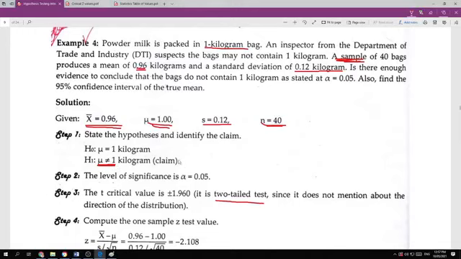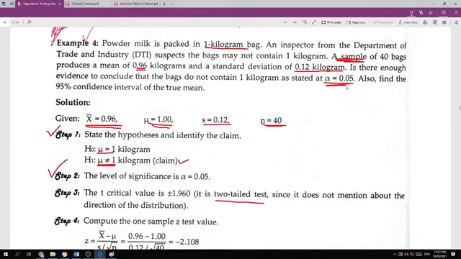This is the claim. So, the opposite of this is the null hypothesis. So, meaning, the population mean is equal to 1 kilogram. So, that's step number 1. Now, step number 2. What is the level of significance?